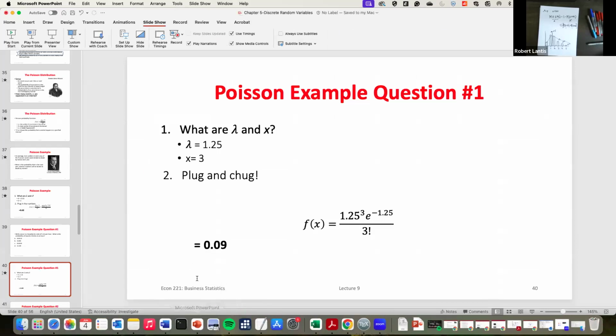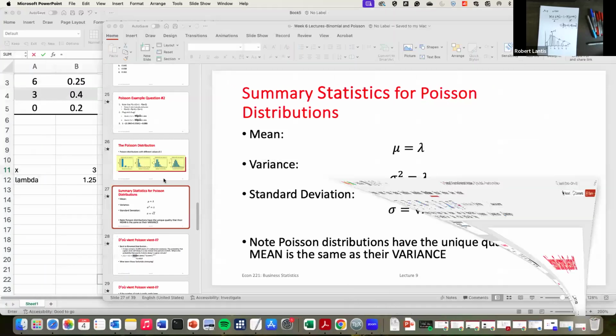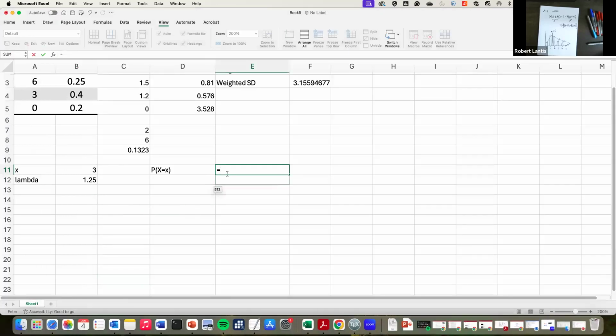Lambda to the X, e to the negative lambda, over X factorial. I'm going to do this on the fly. I can't remember exactly what the equation is. I think it's, yeah, okay, I was right. Just wanted to double check before I do this.